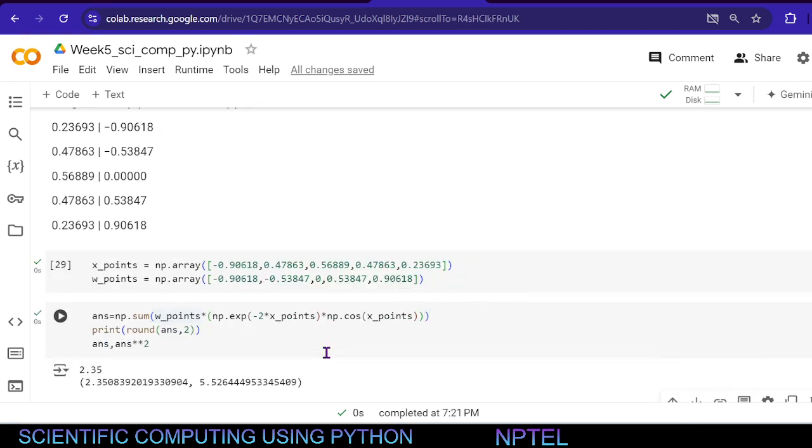Okay, so let's run it, and we get 2.35, which does not look like a correct answer.